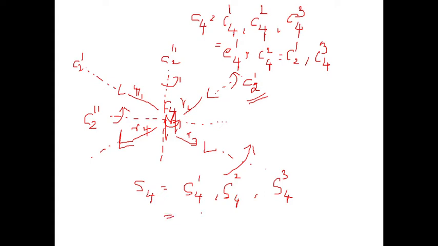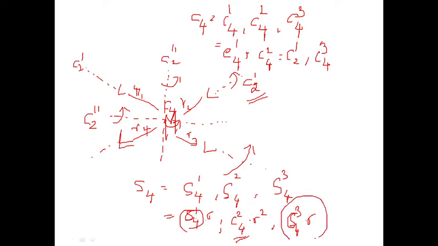So S4 1 is nothing but C4 1 into sigma, and S4 2 will be C4 2 into sigma squared. S4 3 will be C4 3 into sigma. So this operation is similar, and this one is nothing but C2, which we have already explained. Okay, and so the S4 is having two operations, S4 1 and S4 3. S4 1 and S4 3 are the two operations that are generated.